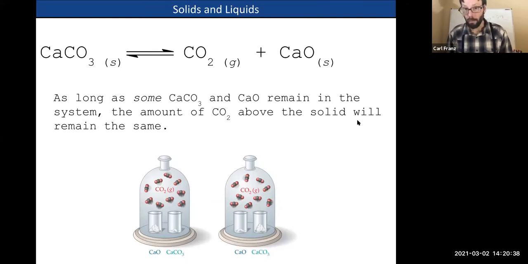Well, carbon dioxide cannot go away if there's no calcium oxide for it to react with. So you'd have to start getting rid of calcium carbonate completely. If you get rid of the calcium carbonate, then the carbon dioxide and the calcium oxide will start reacquainting with each other, forming calcium carbonate.